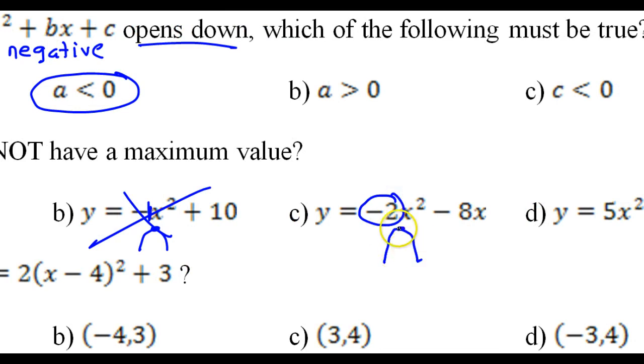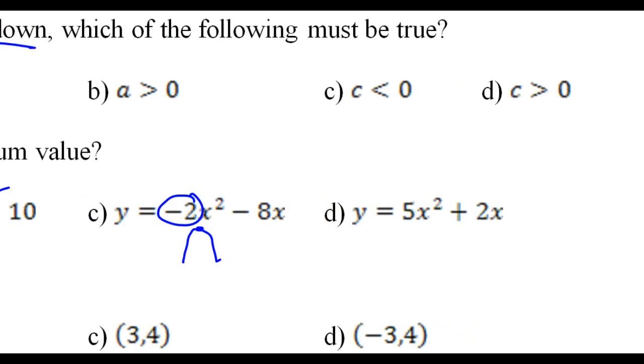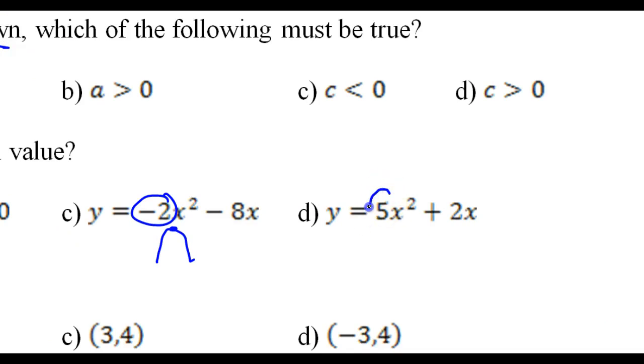That's downward facing. It has a maximum value. Oh, but look, this last one, +5. That means it is upward facing. It goes up forever, so it has no maximum value. The answer is D.